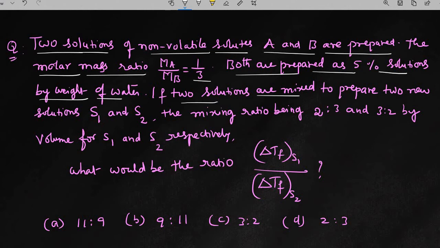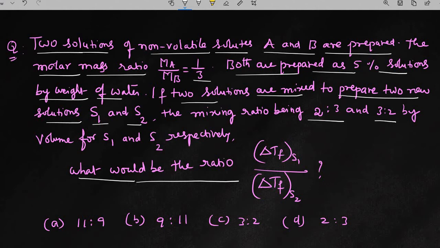If the two solutions are mixed to prepare two new solutions S1 and S2, with mixing ratio 2:3 for S1 and 3:2 for S2 respectively, what would be the ratio of delta TF of S1 by delta TF of S2? We have options on this.